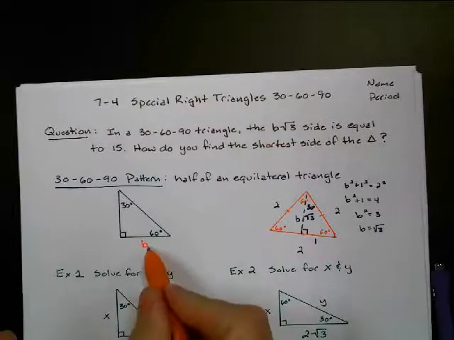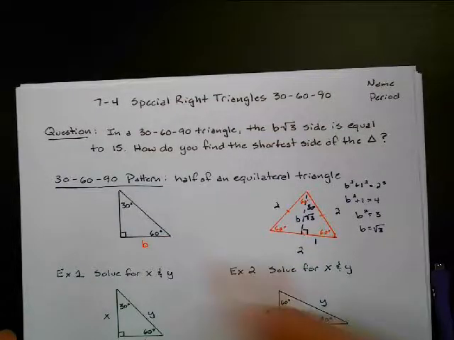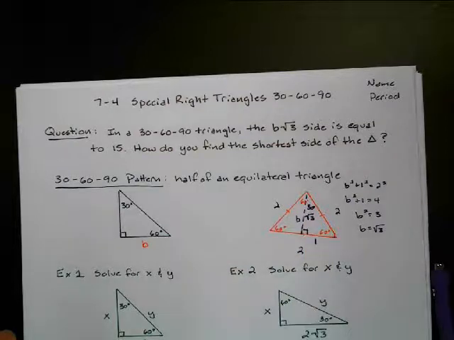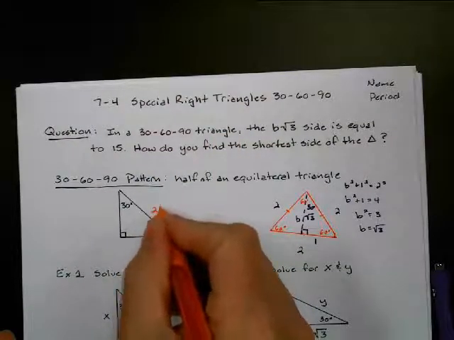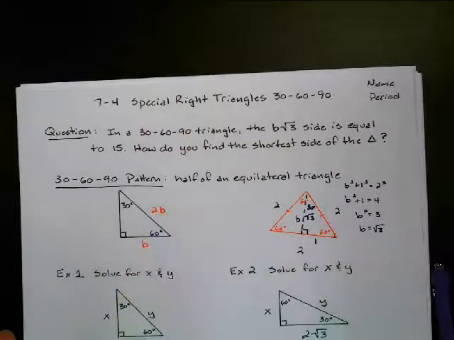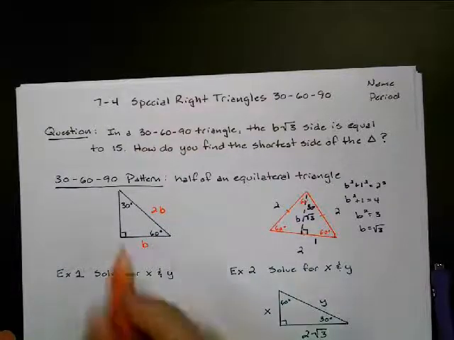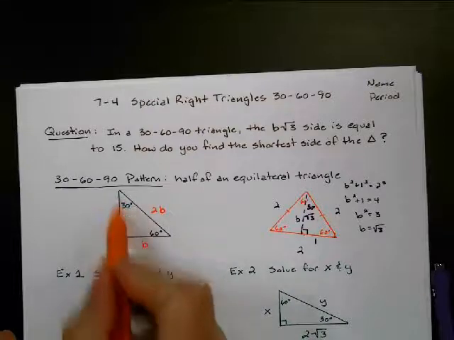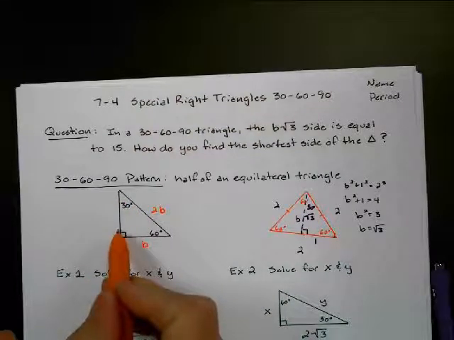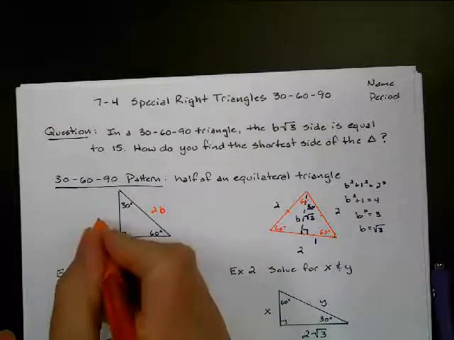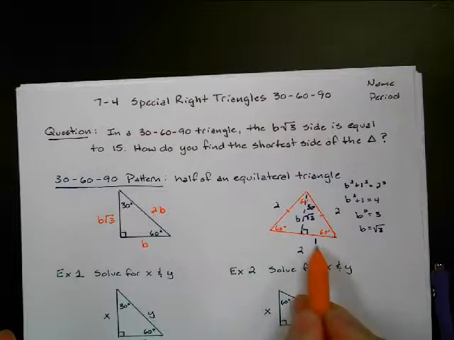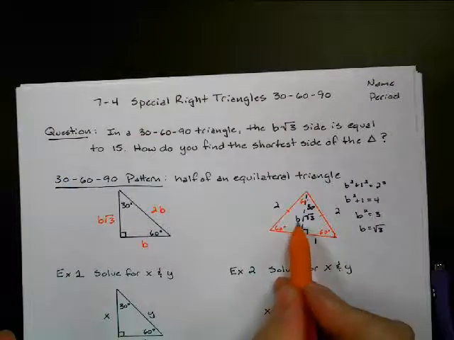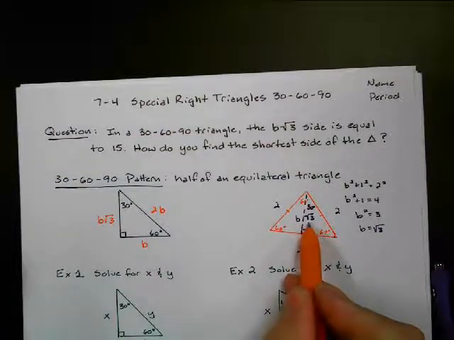So the hypotenuse is always going to be twice that amount, because remember, it's half of an equilateral triangle. So this would be twice that amount, so twice B. And then the medium-sized side, the one across from the 60-degree angle, would be B times root 3. Now in this situation, B was 1, so this is 1 times root 3, or just root 3.